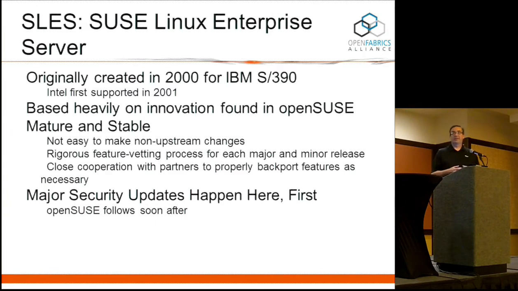Now, of course, the big thing about SLES is when you have security fixes, when you have updates, it happens in SLES first. OpenSUSE usually follows very quickly, but we take security and stability very seriously in our enterprise distribution.